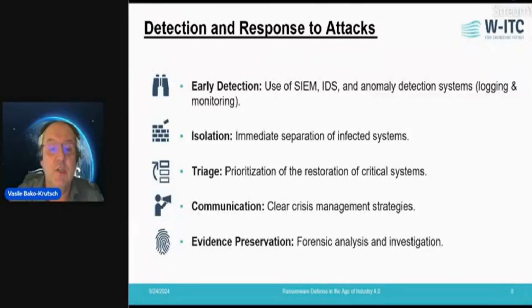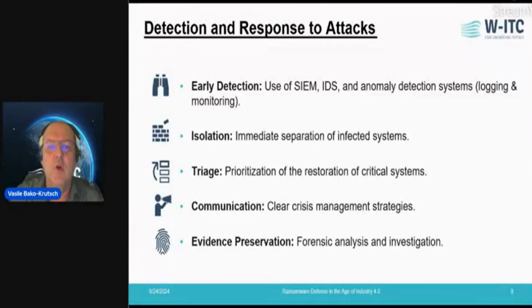A first measure would be the establishment of an early detection and alerting system. The ability to detect an attack at an early stage is crucial, because this can limit the damage very much. Modern security information and event management systems, the so-called SIEM systems, play a role here.